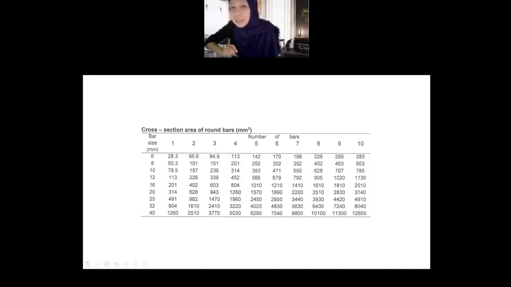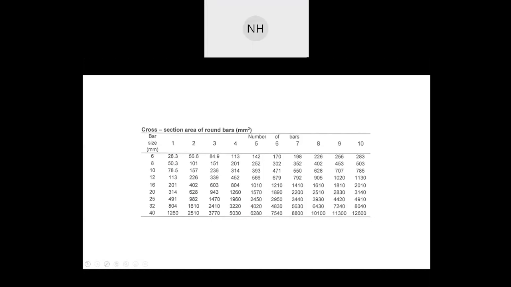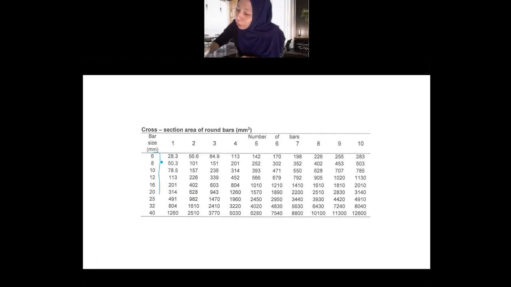Which table? This table. Okay. Cross section area of round bar. Okay. Link. Okay, you look at the bar size. Don't assume 7 mm. We don't have a 7 mm bar size. You must refer to this table.